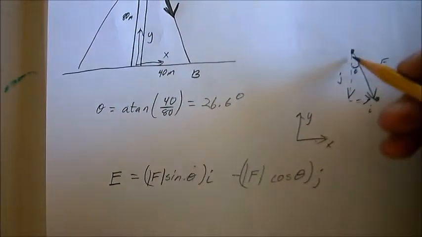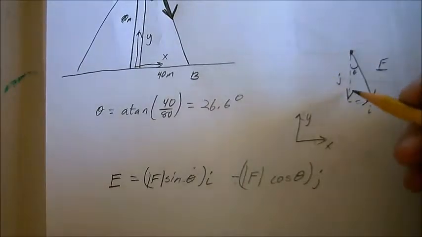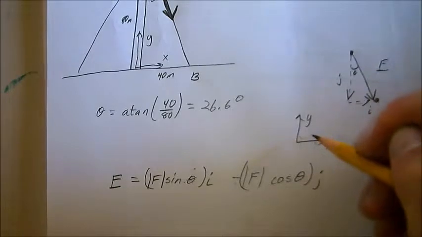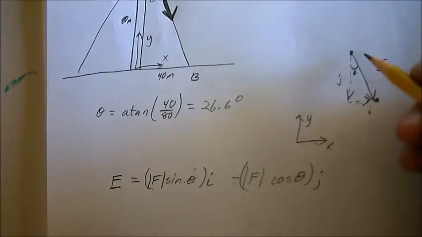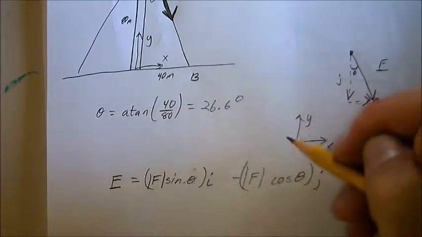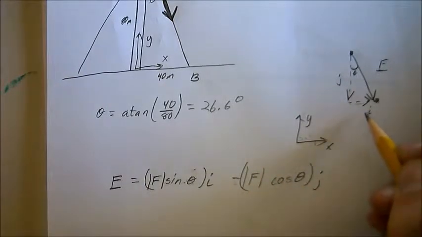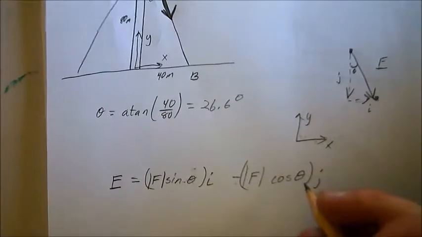So when you're going to find this y value or j value, you have to say it's negative. So how you assume your axes, or how the axes are set up in the problem, is very important to realize, because since vectors have a direction, if it is opposite to your axis system, it is negative. And the x is in the same direction as the axis system, so it is positive. Something to remember right there if you haven't been introduced to that already.